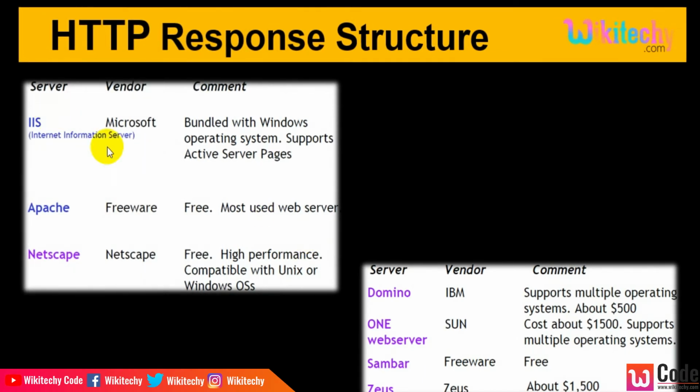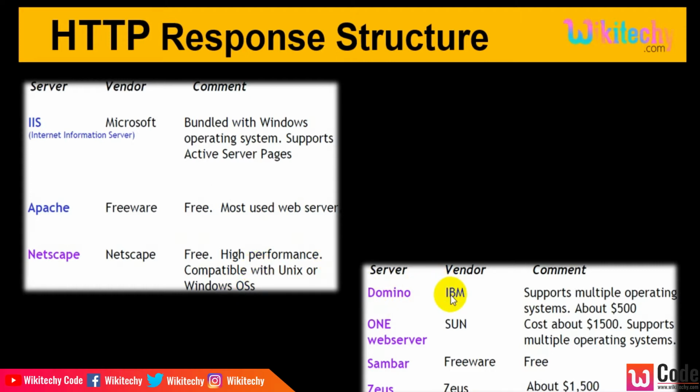If you talk about the web servers in detail, IIS, the vendor is Microsoft. It will be bundled with the Windows operating system and supports Active Server Pages. Apache is freeware, the most used web server. Netscape, the vendor is Netscape, free, high performance, compatible with Unix and Windows OS.